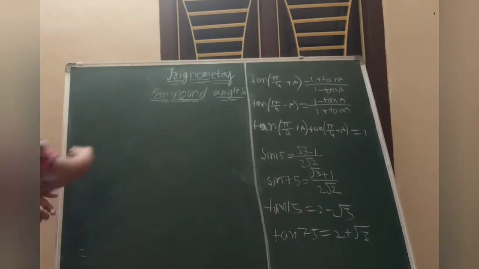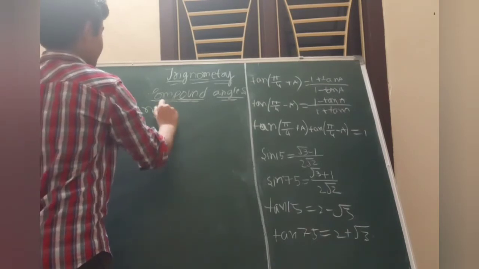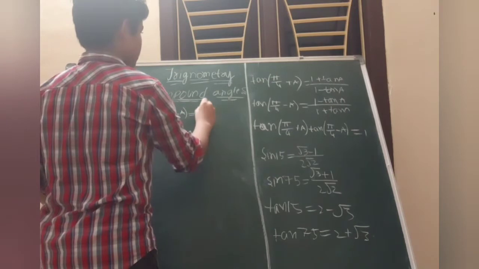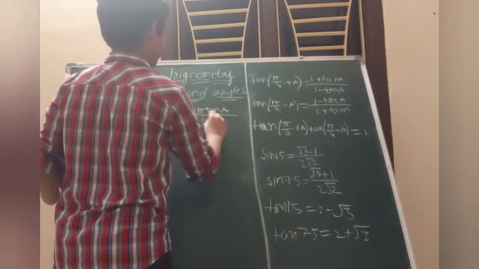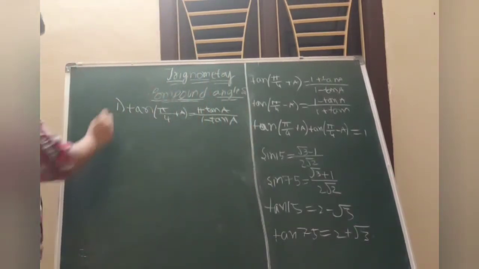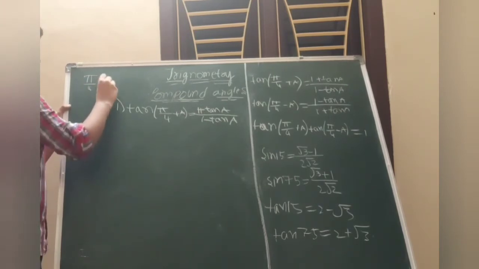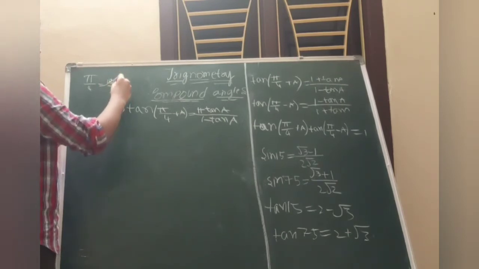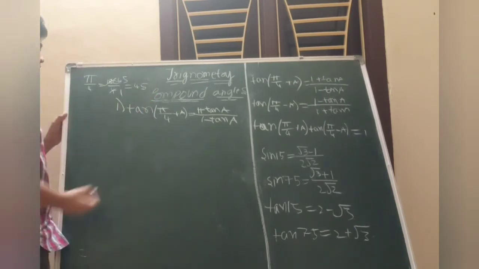So first, let us learn the proof of tan pi by 4 plus A is equal to 1 plus tan A by 1 minus tan A. Pi by 4 is equal to 180 by 4, that is 45.